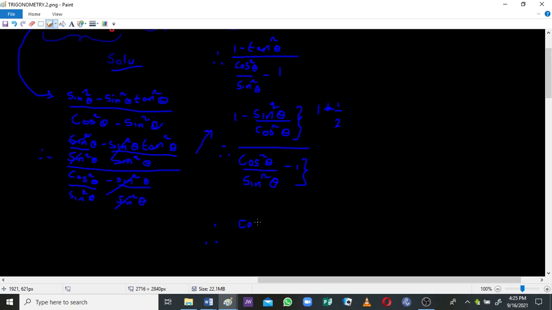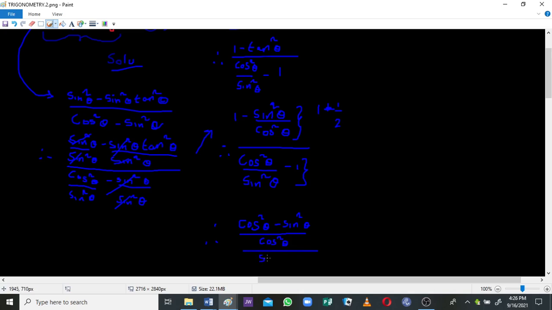Now if you solve your numerator and your denominator in that way, you are going to obtain cos squared theta, right, minus sine squared theta here, over cos squared, right? Because this will be your lowest common denominator, so to say.